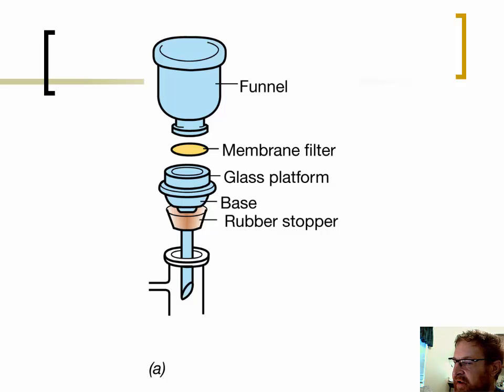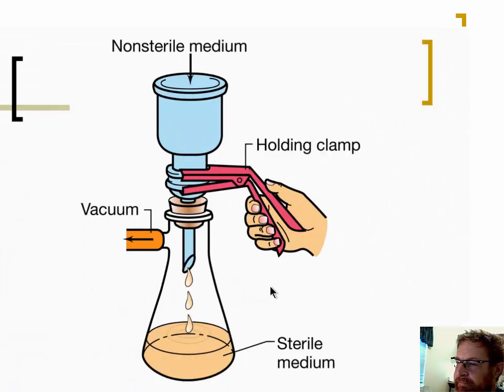Now, in a laboratory setting or a medical setting, the filtration systems are fairly easy, where you'll have a membrane filter, okay, that is set down on top of a platform. It's going to go into a vacuum flask, and then we can put a little funnel on top of that, and so non-sterile media would go into the top of the funnel, and then sterile materials would come out the bottom.